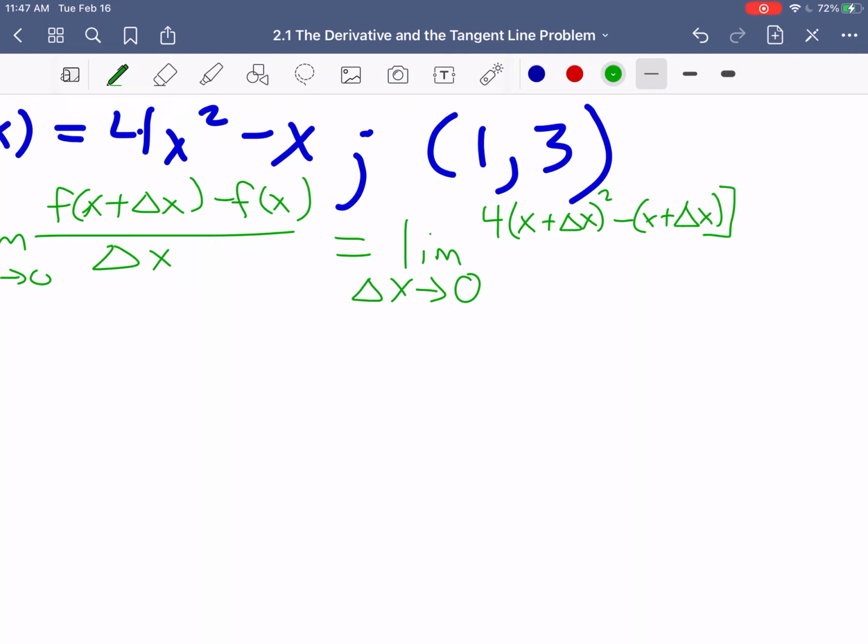So all of that is the function evaluated at x plus delta x. Then we need to subtract f of x. So f of x is 4x squared minus x. All of that is divided by delta x.